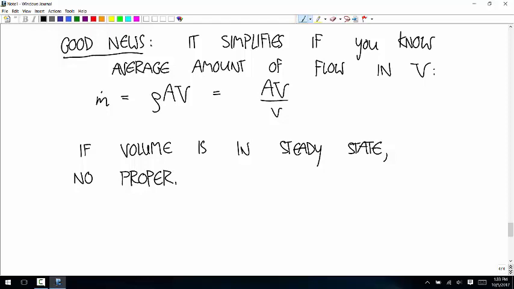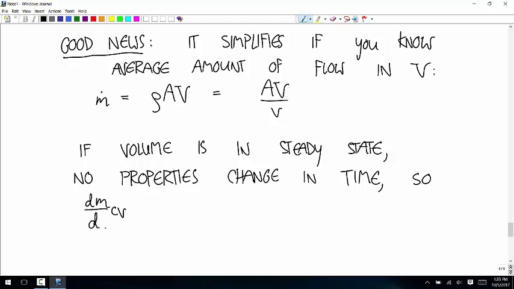So no properties change in time. So the rate of change of mass in the control volume is equal to 0.